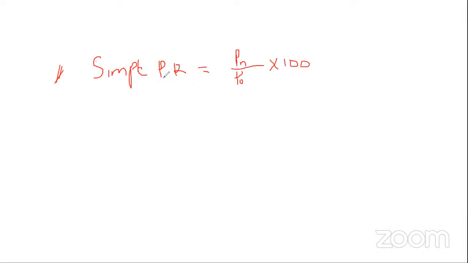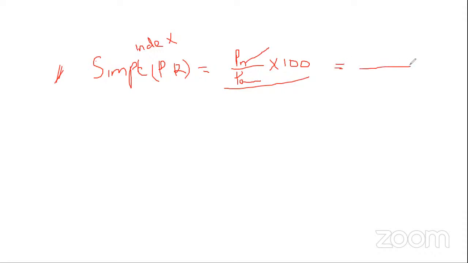So this is a formula for calculating price relative, or what we call simple index. That's fine. So we get price in the current year, divide by price in the base year, we multiply by 100.